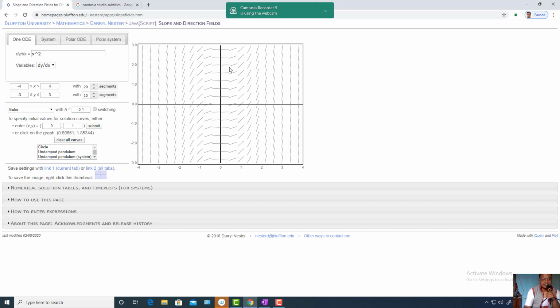So this is the direction field. Think about a vertical line here. In this example, this is the x-axis and this is the y-axis.